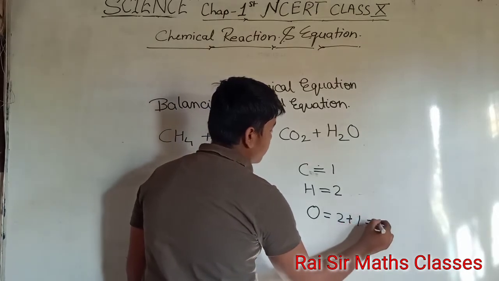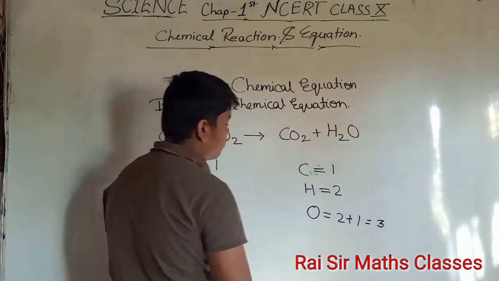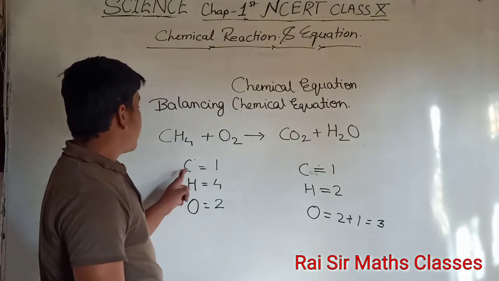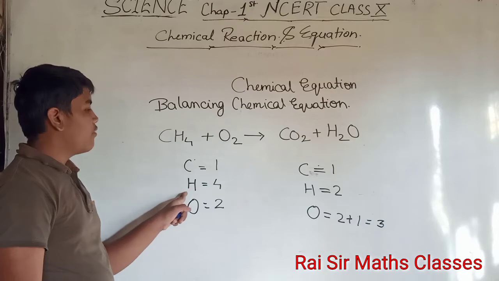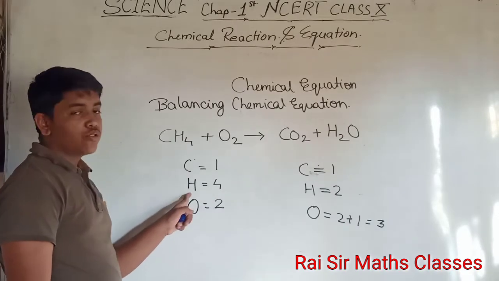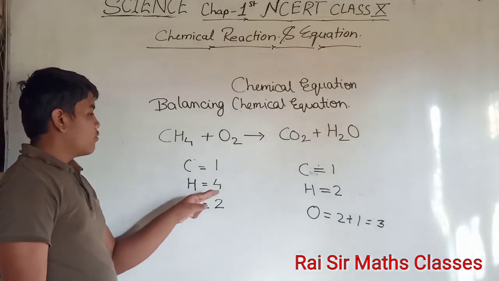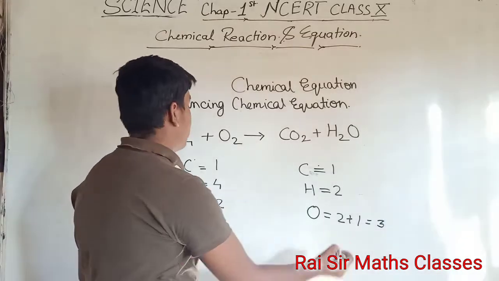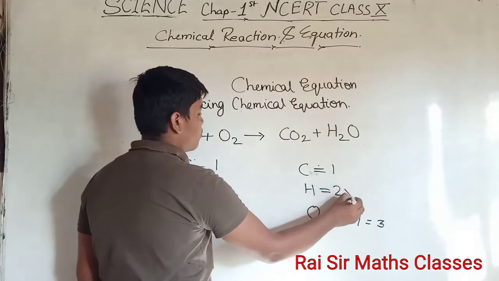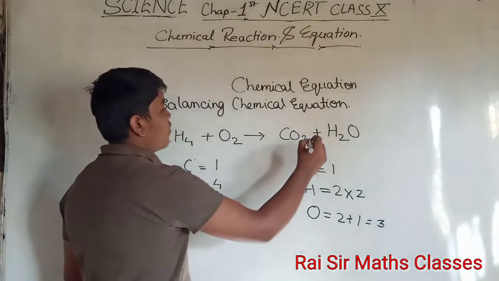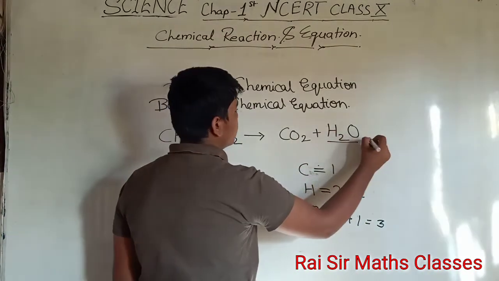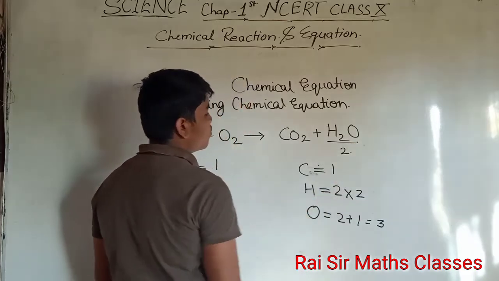So we are having 3 elements. Now as we can see, our carbon is balanced. Now we have to balance hydrogen. So hydrogen we have to multiply by 2 to balance it. Means we have to multiply this whole by 2.